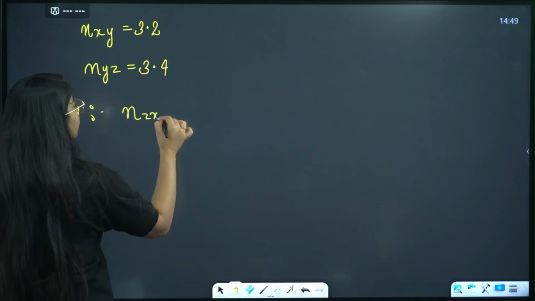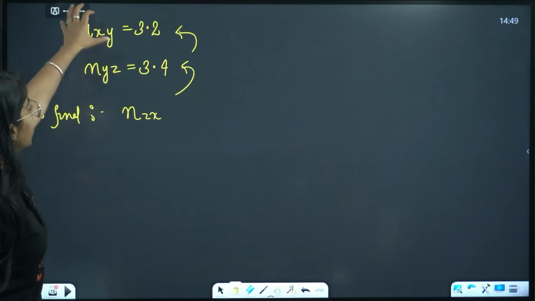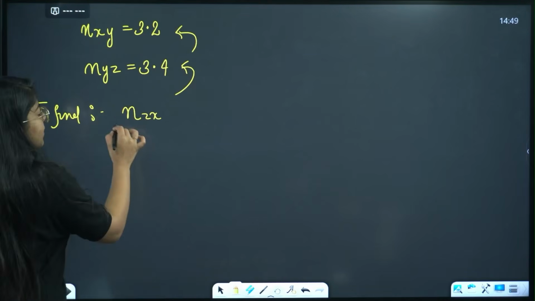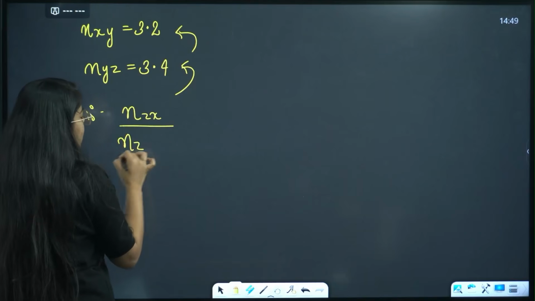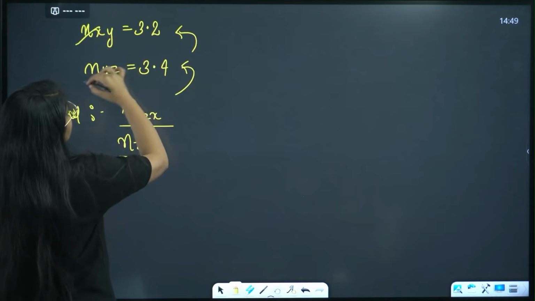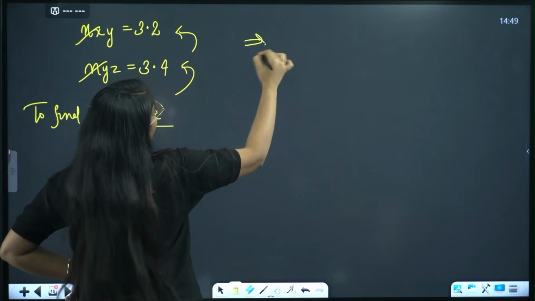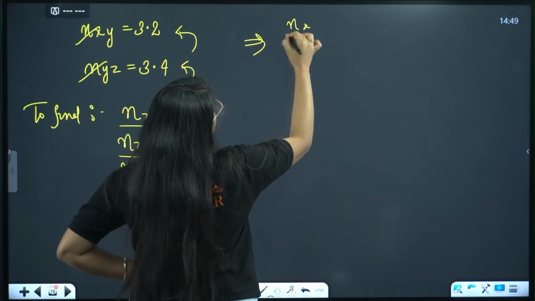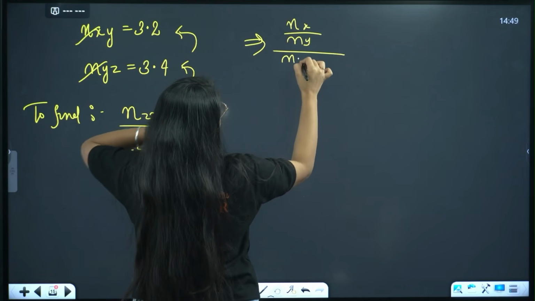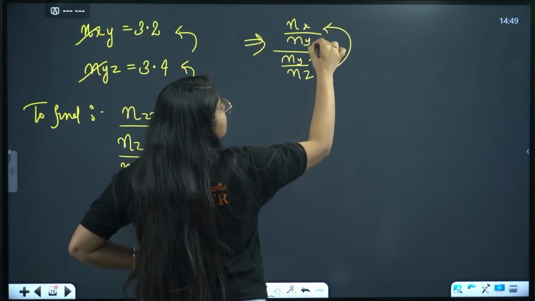So now what you have to do, you have to analyze these two. How should I do this? Should I divide these two? Should I multiply these two? What should I do so as to get this value? Now this is nZ divided by nX. If I divide this, let's say nX by nY divided by nY by nZ, this goes in the numerator, this goes in the denominator.